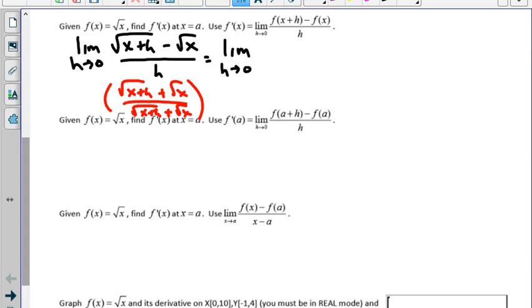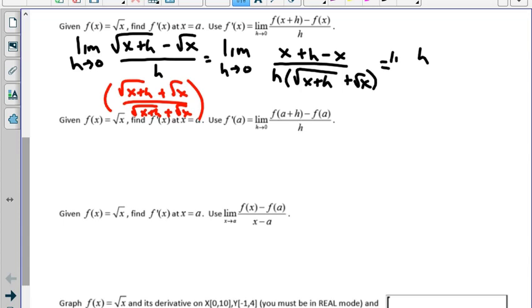So we're going to end up with, if I multiply the top out, I get x plus h minus x, and the denominator is h times square root of x plus h plus square root of x. So the numerator becomes h, and the denominator becomes h times square root of x plus h plus square root of x.